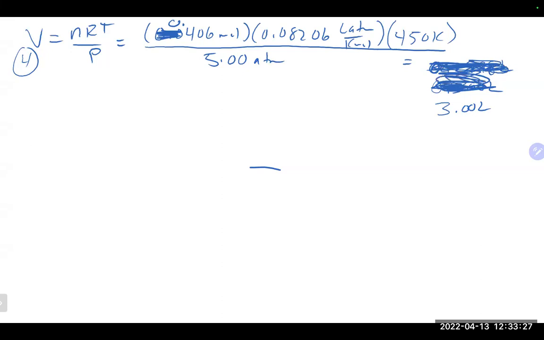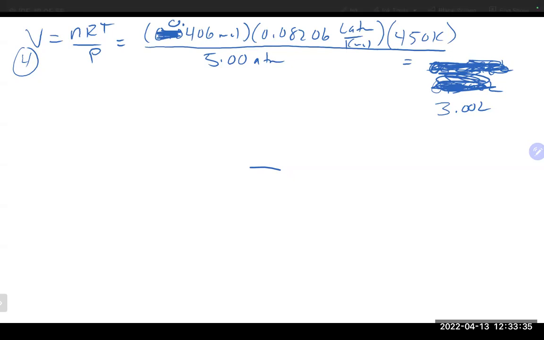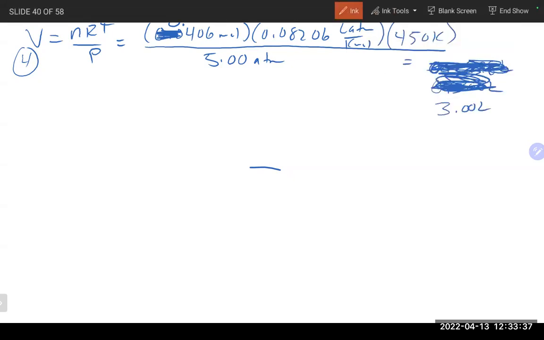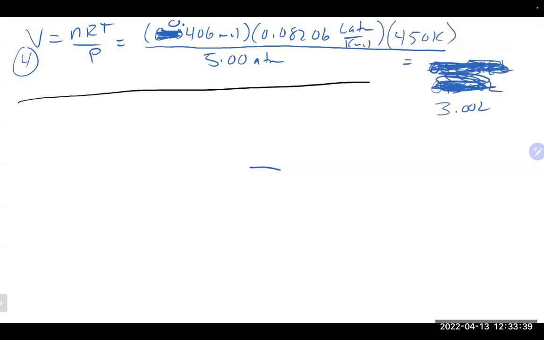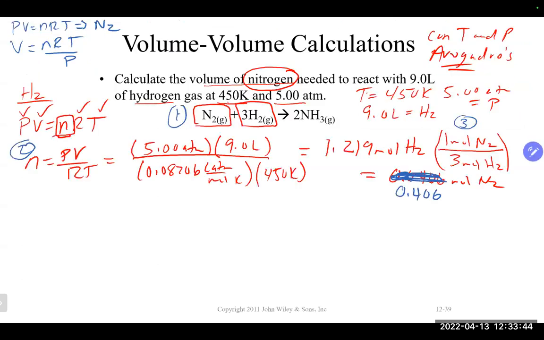Good advice. All right, now there's a much simpler way of doing this problem because we're at constant pressure and temperature, and that is again using the relationship that we saw when we were talking about Avogadro's law. Because this is at constant pressure and temperature, we simply can do a liter to liter relationship instead of a mole to mole relationship.